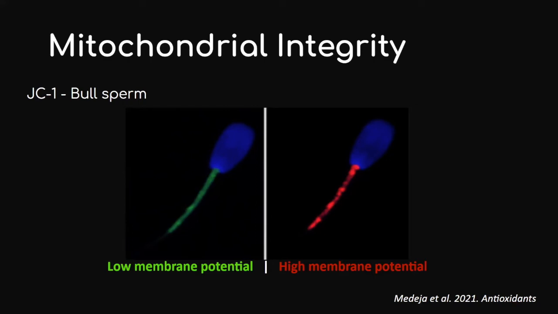The stain has these J aggregates that accumulate depending on whether there's a high membrane potential or not, and that changes the fluorescence. So in the case of a high membrane potential, you get that red fluorescence that you can see on the right, and on the left, you get the low membrane potential, and then you can get this sort of orange color in between as well.